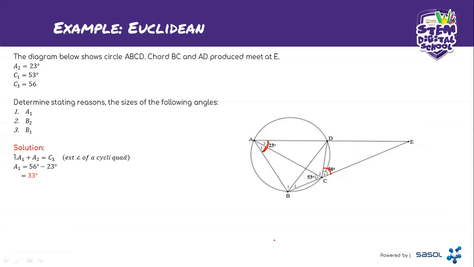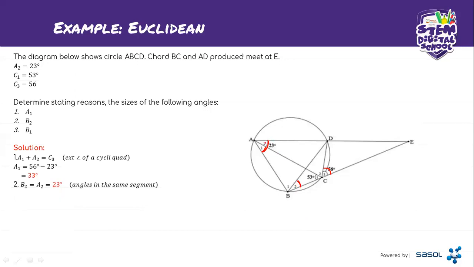Okay, and then now we move to angle B2. Angle B2, which is this one. Angle B2 is this one here. Yes, and of course angle B2 equals angle A2.